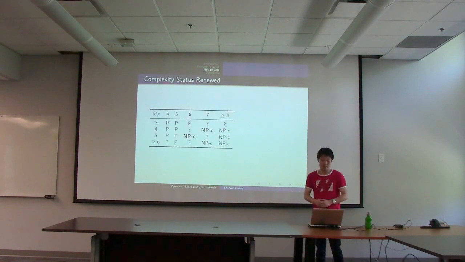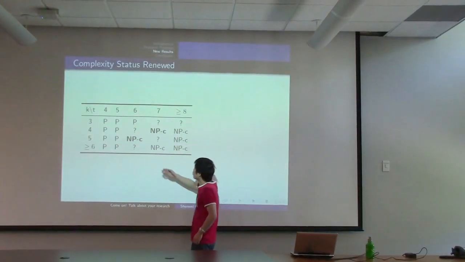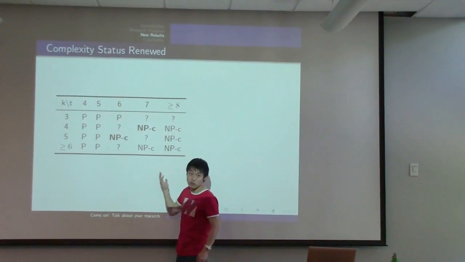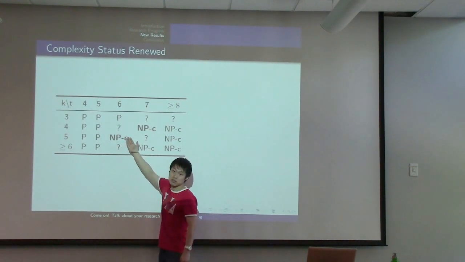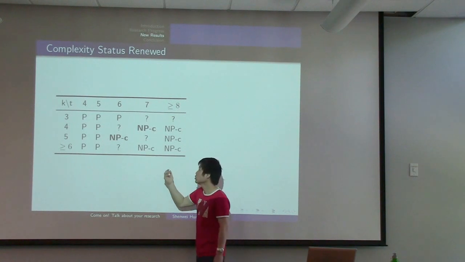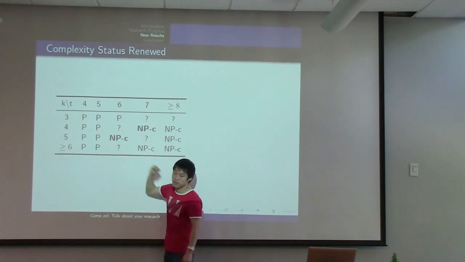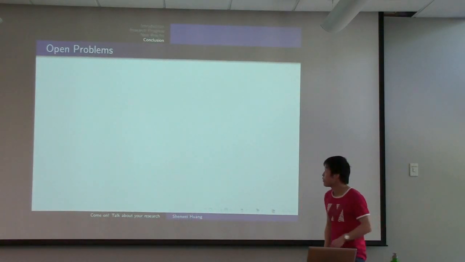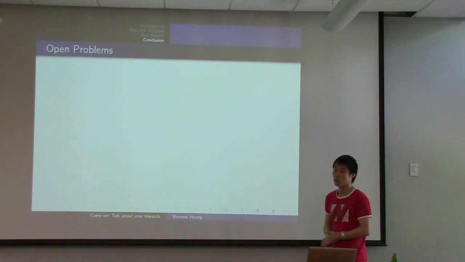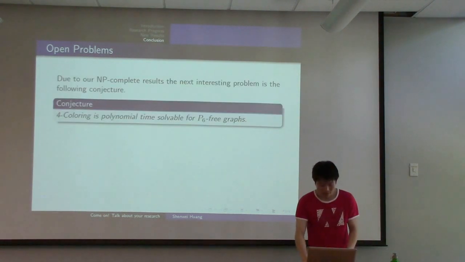So this is the updated complexity status. Before we had these two question marks, but now I have proved this is NP-complete, this is NP-complete, and by the monotone property, this is also NP-complete, this is also NP-complete. I don't have time to talk about proofs, so I just go into some open problems.